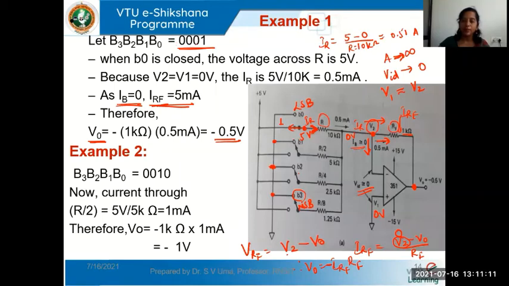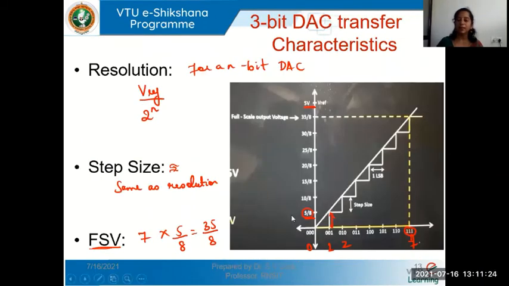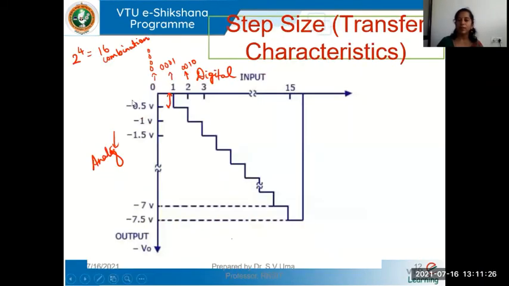So when I consider the digital input to be 0001, I'll get the analog output voltage as minus 0.5 volts as indicated in this staircase. We showed minus 0.5 volts in this staircase, and the same thing we are getting.